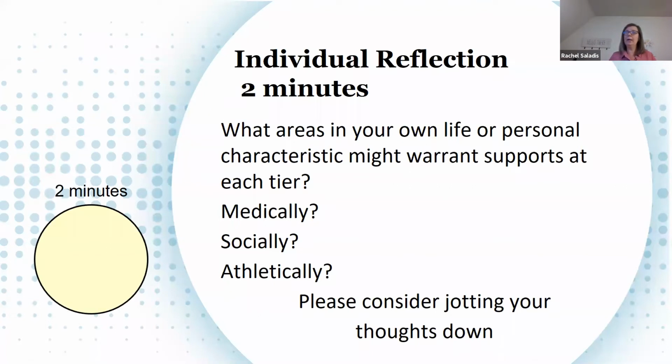You can use a scrap of paper, you can use a Google document, whatever is comfortable to you. But we want you to really reflect on what areas of your life might warrant supports across or through each tier. It might be something medical, social, athletic, perhaps something completely different.